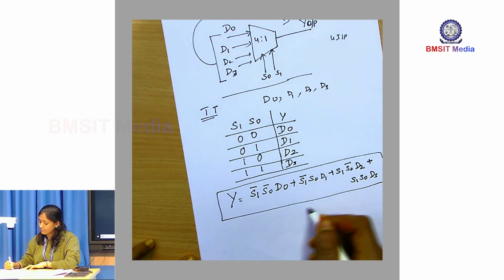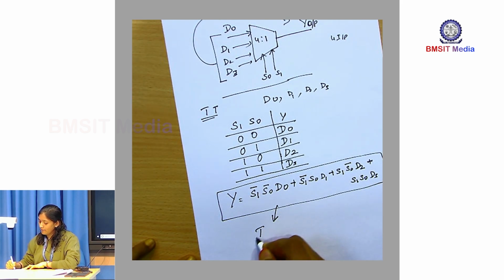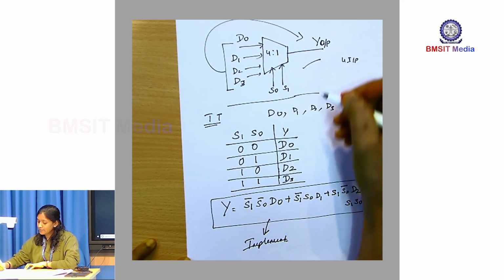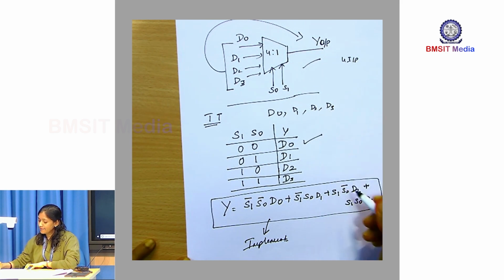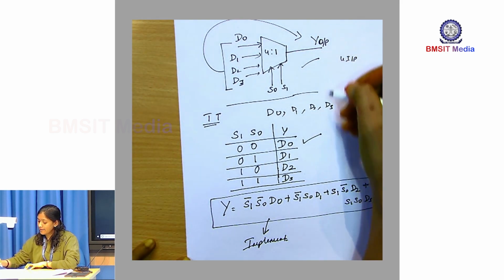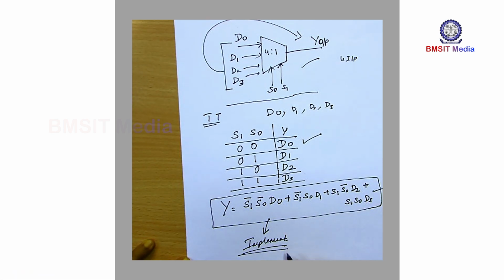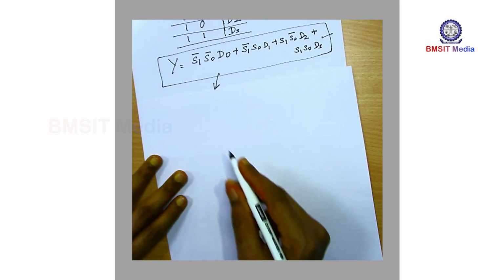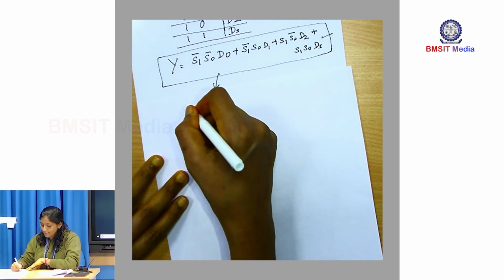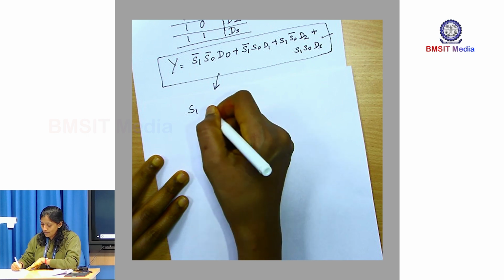Now, using this expression, we need to implement it using basic gates. So, first the functional diagram is important, next the truth table, next the expression. When these three are ready, we can implement the circuit. So, now let us implement using basic gates. From the expression we have two select lines, S1 and S0.